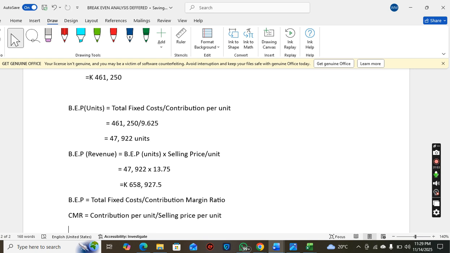That's how you get the contribution margin ratio. And what it just tells us is for every 1 kwacha we make in sales, how many ngwe is being contributed to cover fixed costs.